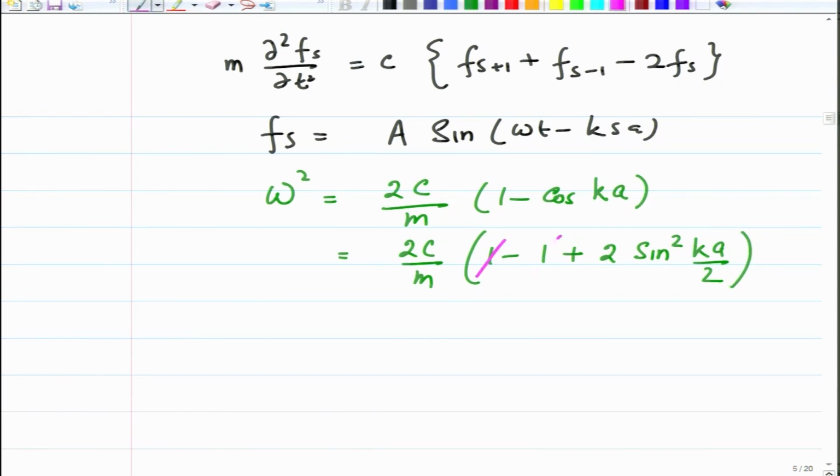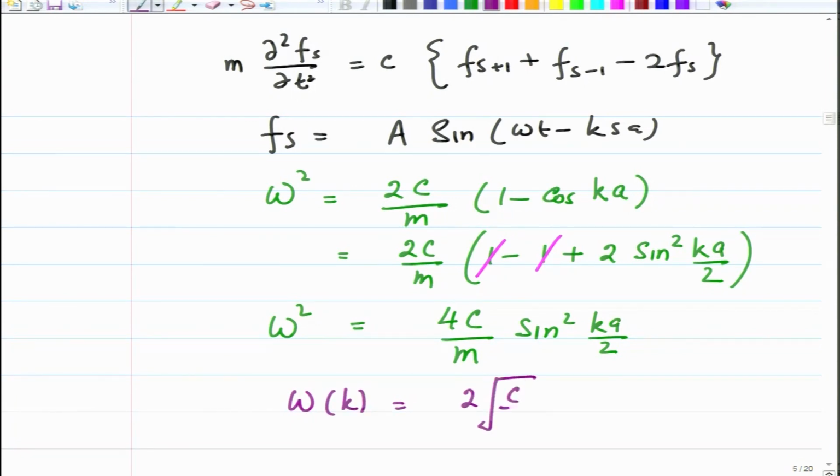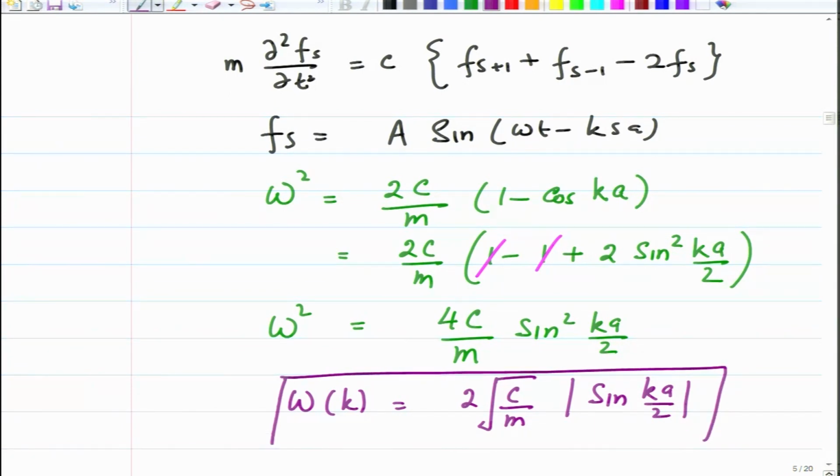This 1 cancels, and I end up getting that omega square is equal to 4 C over m sine square k A by 2, and therefore, omega as a function of k is given as 2 square root of C over m modulus of sine k A by 2. Modulus because omega is always positive. This is my answer.